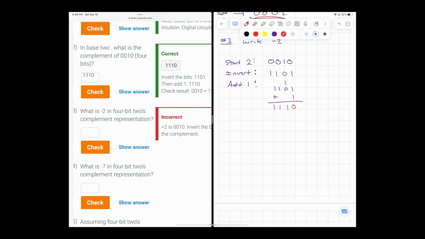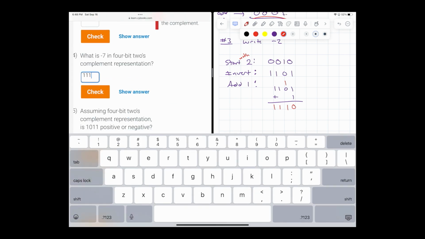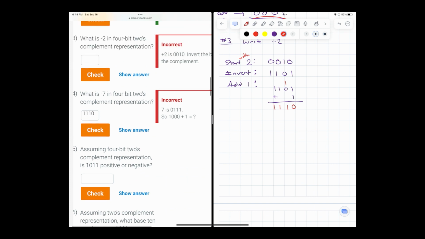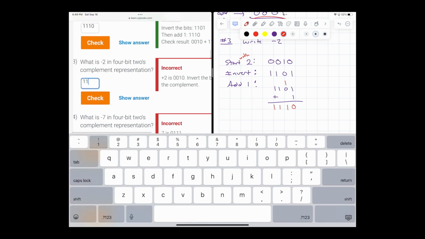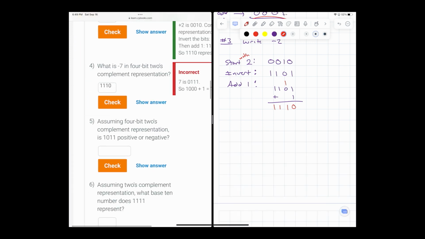And then we just bring those down. So we got 1, 1, 1, 0. Which I guess we technically knew because I said start with 2, and that was 0, 0, 1, 0, which was actually the number in the previous problem as well. So of course it's the same answer. Oh, that was this one. Okay. We didn't do number 4 yet.